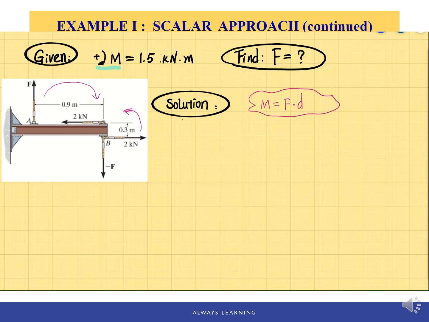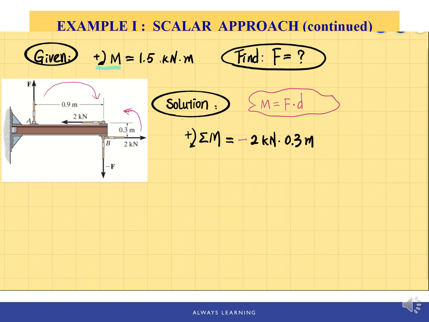So write that down, and that's the formula we're going to use. Now the sum of the moment, or the resultant moment, with the positive direction set up, is the sum of the moments by the two couples. When we set the clockwise rotation as positive, the 2 kilonewton couple will cause a negative counterclockwise rotation, with magnitude F times D, which is 2 kilonewton times 0.3 meter.